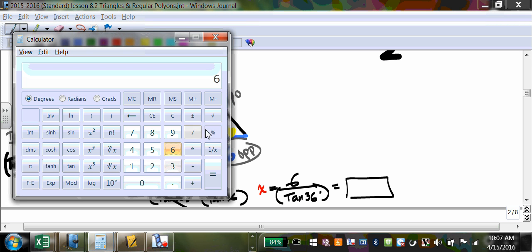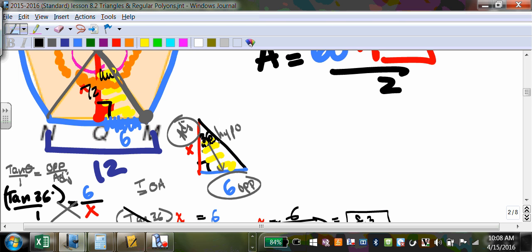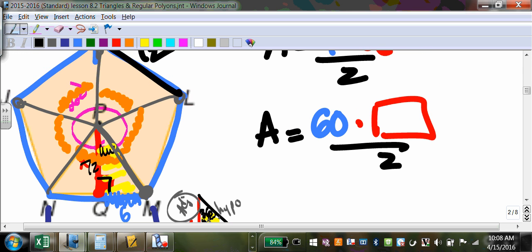We should be getting 6 divided by, I have to do 36 tan backwards, around 8.3. Okay, thumbs up if you got that on your calculator. You know how to do that, remember? That's almost 2 months ago. 8.3. Now, we come up here, put your 8.3 there, solve for your area. You're good to go.